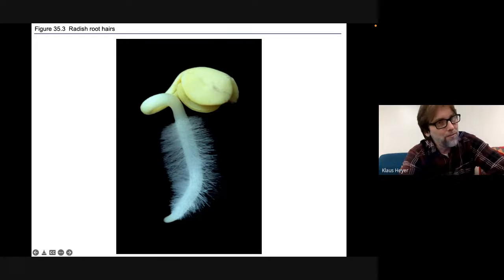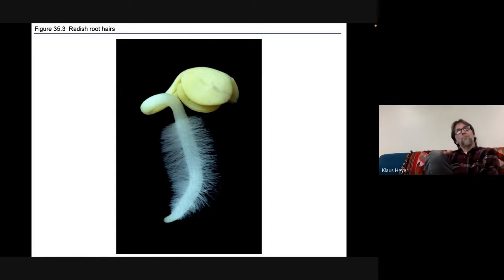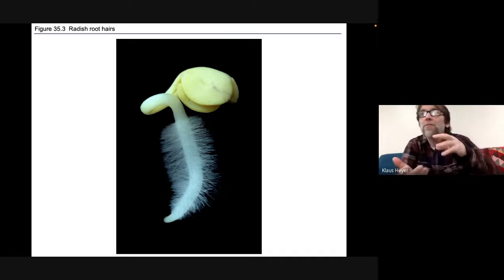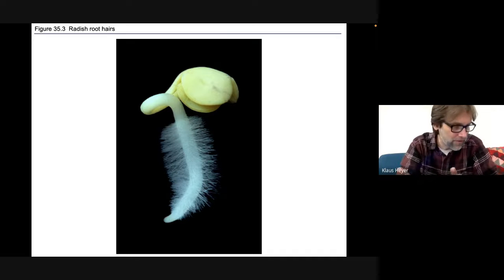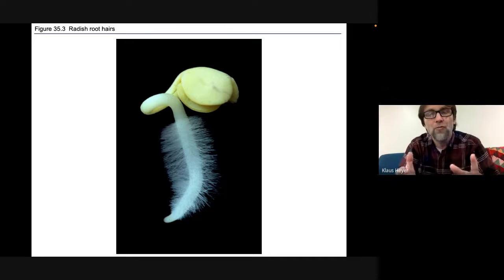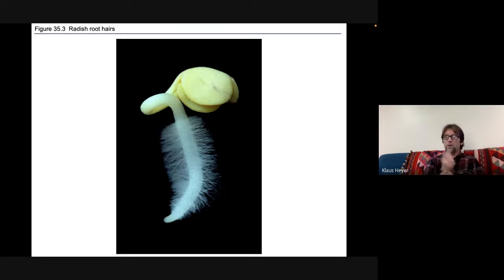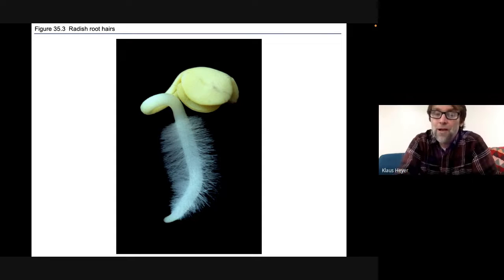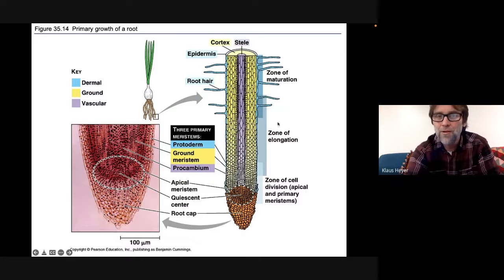Oh yeah, root hairs. Plants have a couple of things they do to increase their water uptake. Not all plants get to be in Louisiana where there's a ton of water in the soil, right? So they have root hairs. And if you see here, a root hair is actually part of the dermal tissue. It's just an extension of the dermal tissue.